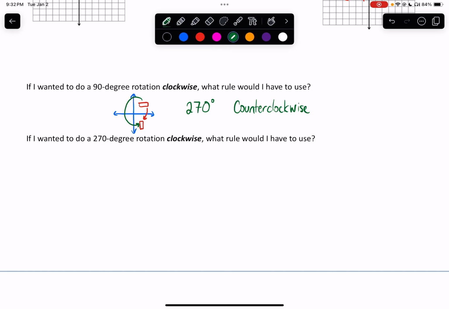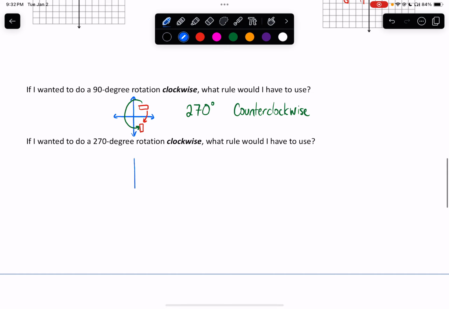And then the same thing would be true with the next one. If I wanted to do a 270-degree rotation clockwise with that same thing, I'd end up with like that.